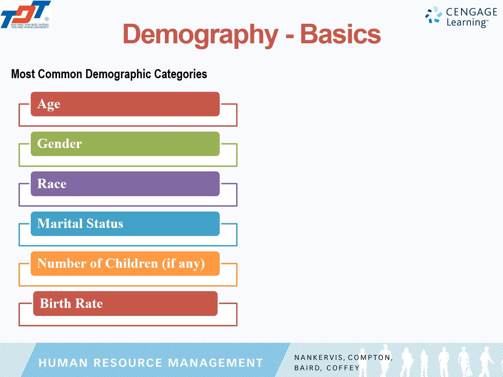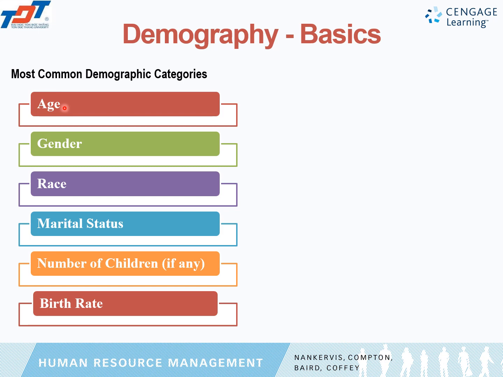So, in order for you to better understand what demographics focuses on, in this particular slide I have presented 6 of the most common demographic categories, starting with age. As I said many times, what we are mainly interested in here is the age distribution.